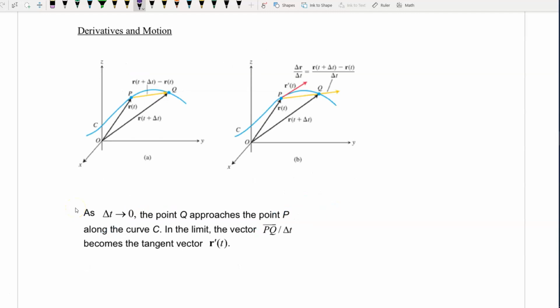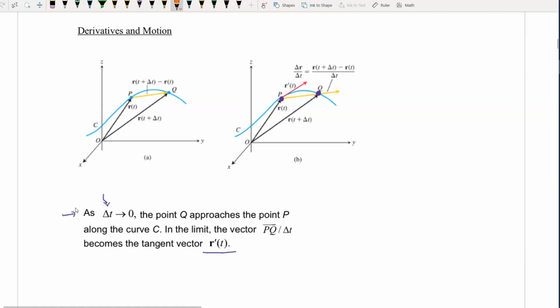On this part we have derivative and motion. As delta t approaches 0, which is a change in t, the point Q approaches P along the curve C. In the limit, the vector from P to Q over delta t becomes the tangent vector, the first derivative, so this is r prime of t.